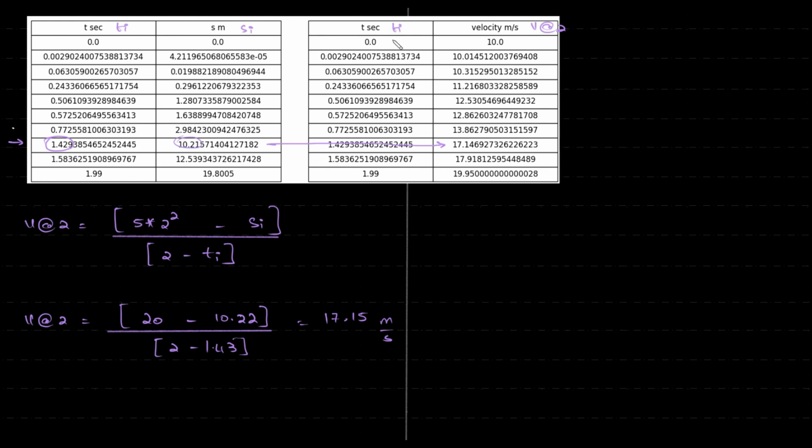Which value over here, which time gives a better answer, a better velocity value to us? So the question is, which ti gives the best v value? Yeah. What is that?